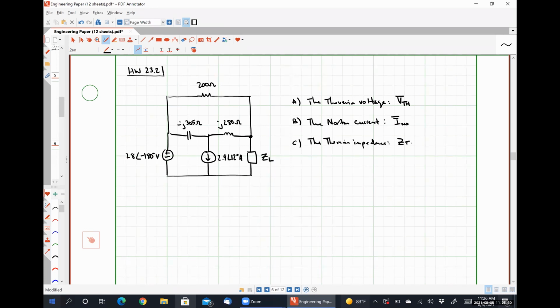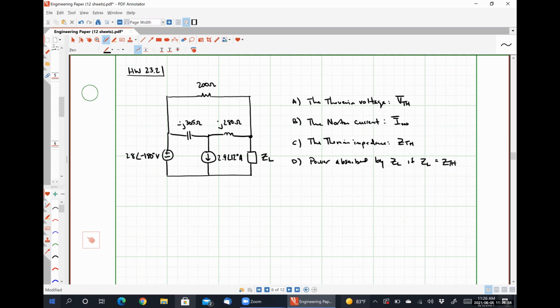That would be ZTH. Then for part D, the problem statement asks for the power absorbed by ZL if ZL is equal to ZTH.